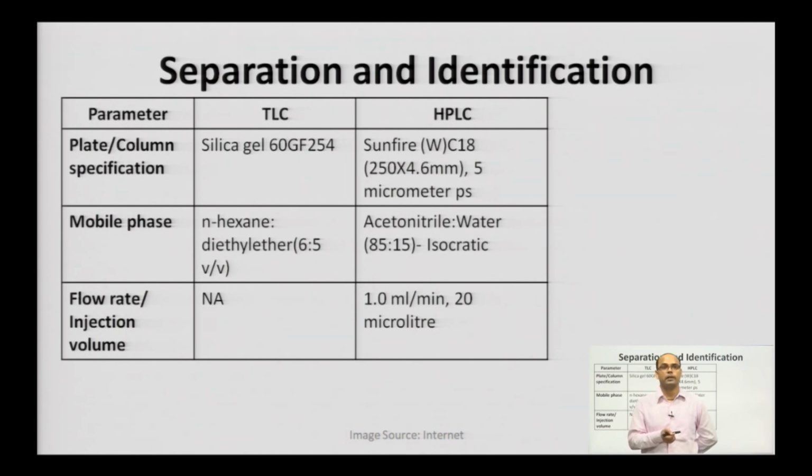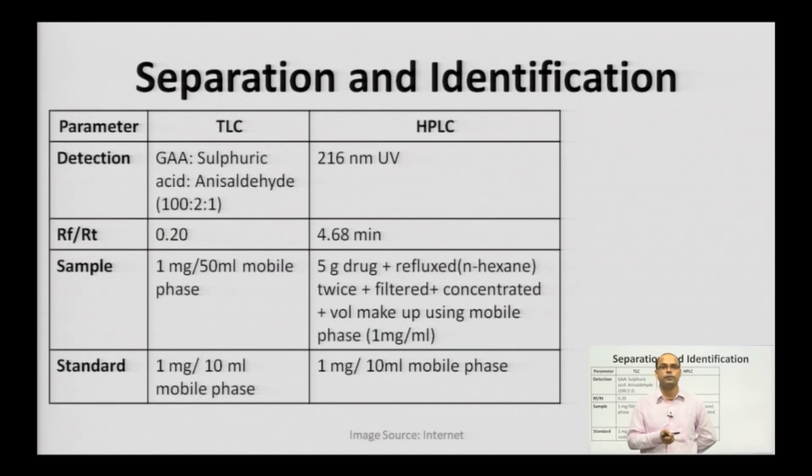Flow rate is not applicable for thin layer chromatography. Detection of our phytoconstituent in thin layer chromatography is done using a derivatizing reagent, which is glacial acetic acid, sulfuric acid and anisaldehyde combination in the ratio of 100:2:1. This combination is sprayed onto the TLC plate we have developed.